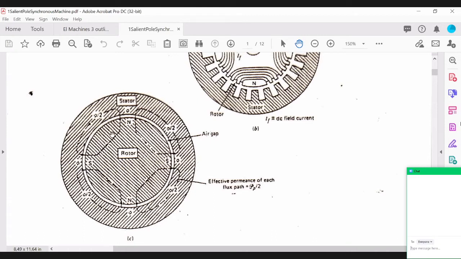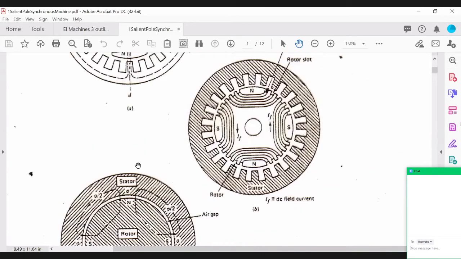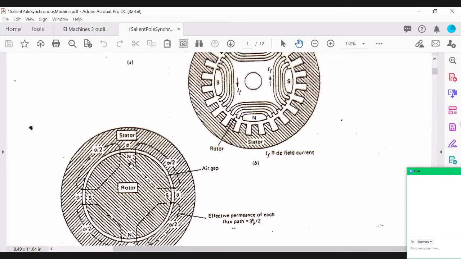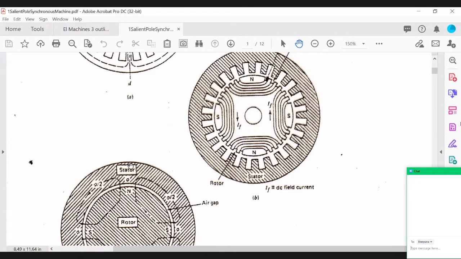As you can see, it's a 4-pole machine, and each pole is producing its flux going from the rotor to the stator, from the north to the south end of the adjacent pole, and the flux phi2 is uniformly distributed along the air gap. Because of this uniform distribution of the flux along the air gap, the machine equation is very simple.